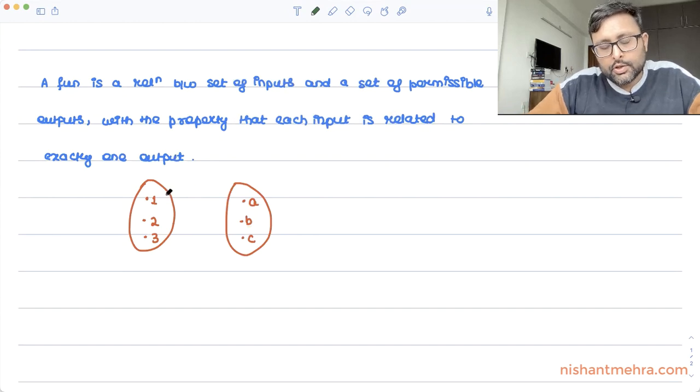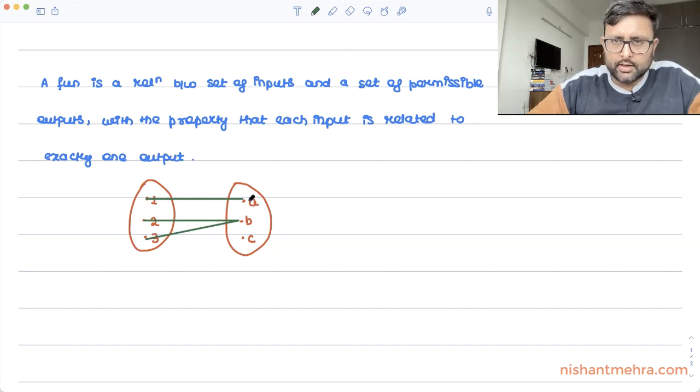You go from 1 to, let's say, A, then 2 goes to B, and 3 also goes to B. So there is no problem that each input is related to only one output.